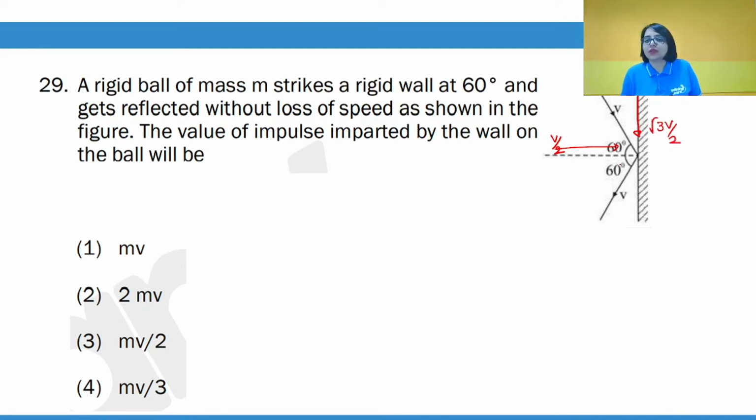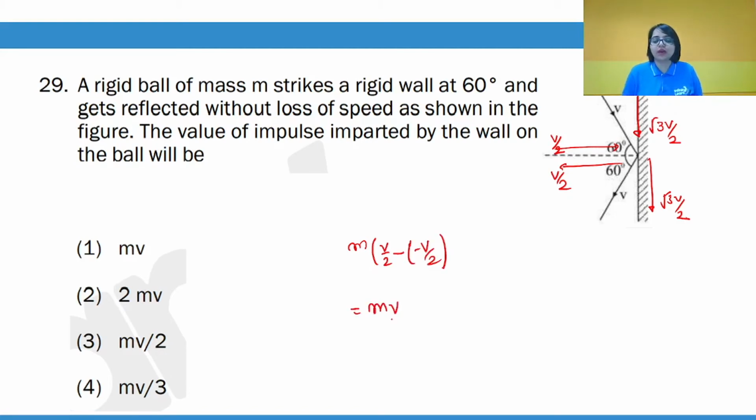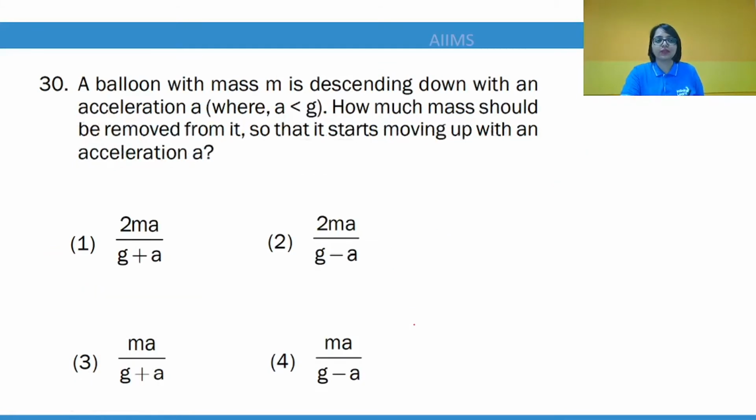Similarly, for the outgoing velocity, this component will be v by 2 and this component will be root 3 v by 2. Now you can say that there is no change in velocity along the y direction, but the velocity is changing along the x-axis. So there will be net change in momentum along the x-axis only. So it will be equal to the impulse imparted, that will be m times v by 2 minus of minus v by 2, that is equal to mv. So the correct answer is option 1.